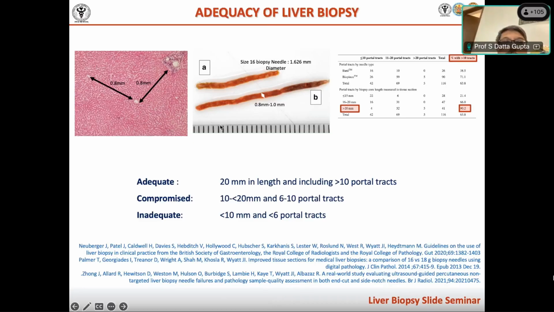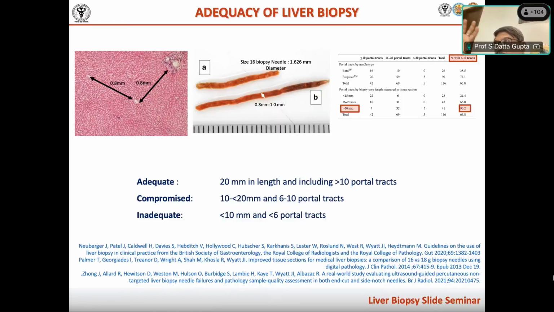Now, which needle should you use? It is recommended that we use a 16 gauge needle, which is approximately 1.6 millimeter in diameter. That's very important because the core of tissue that you will ultimately get will be between 0.8 and 1 millimeter. And why is 0.8 important? Because the distance between two central veins, and between two portal tracts, is about 0.8 millimeter.